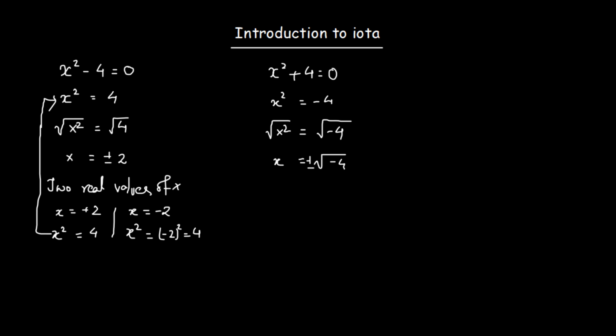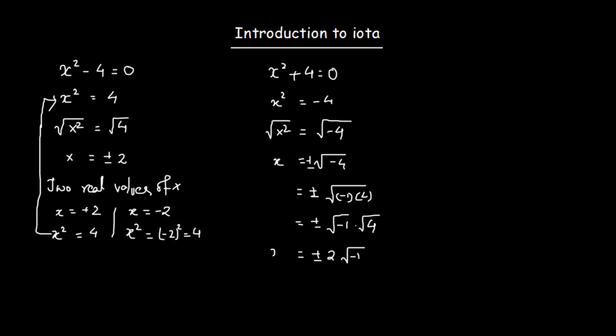Now to take care of this negative, we can write it as the square root of negative 1 times positive 4. Then we can rewrite it as the square root of negative 1 times the square root of 4. We know that the square root of 4 is 2. Then we have plus or minus 2 multiplied by the square root of negative 1.